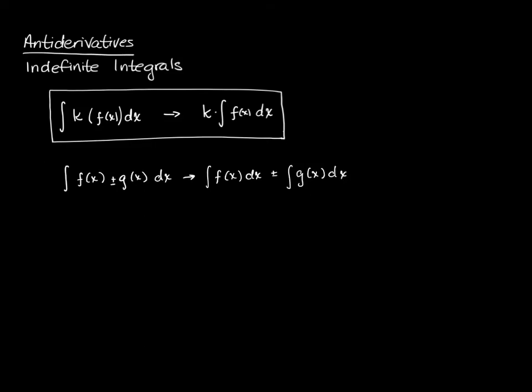Let's do an example. Evaluate the integral of x cubed plus x dx. Oftentimes you'll see the integrand, the thing you're integrating, in parentheses like this. And that just helps make it clear what it is we're integrating. What our new property tells us is that I can do this integration by first splitting the function up into its terms and integrating each of those terms separately.